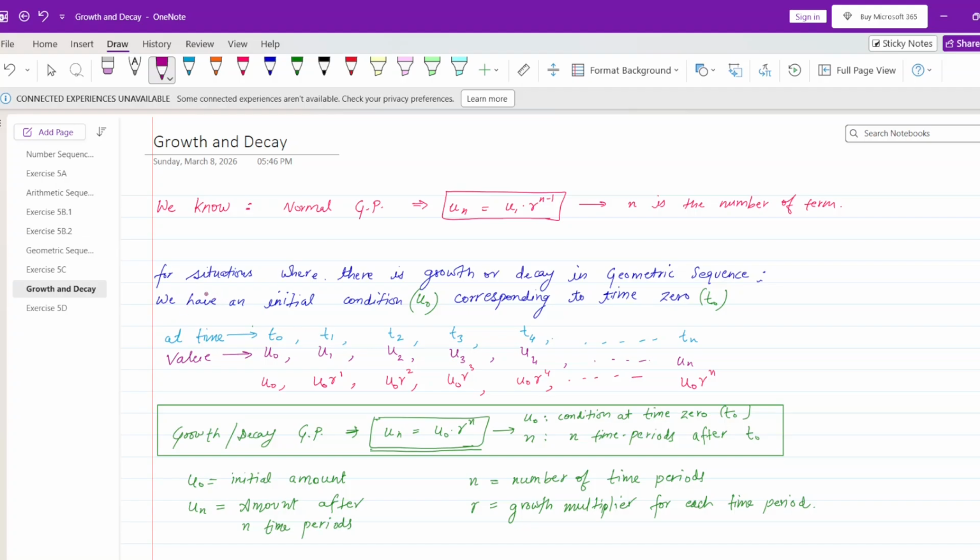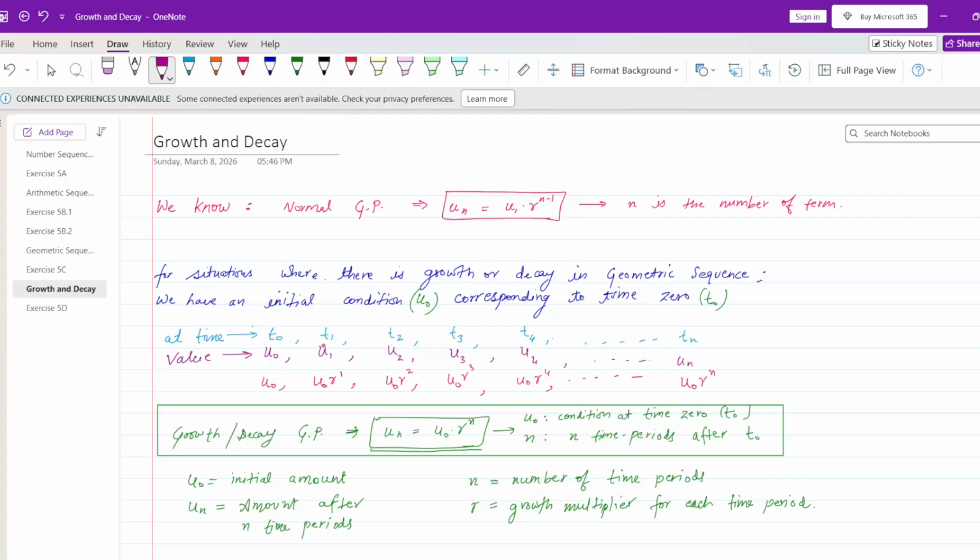Now, for situations where there is growth or decay in geometric sequence, we have an initial condition, and that initial condition is u0, or u naught, corresponding to time 0, that is t0. So at time t0 the value is u0, at time t1 the value is u1, and that u1 is the previous term multiplied by r.